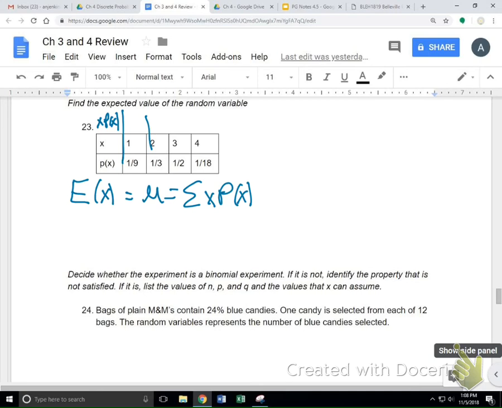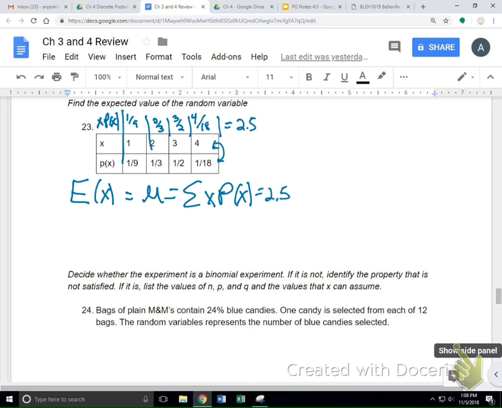And when I did this, the values I got were 1/9, 2/3, 3/2, 4/18. So I'm just multiplying these two columns together, and then I add them up to perform that sum operation. It gives me 2.5. So the value down here, we have that 2.5.